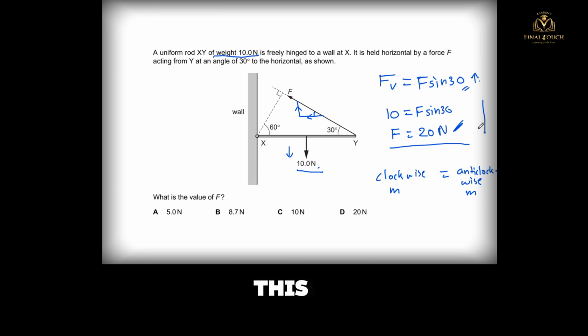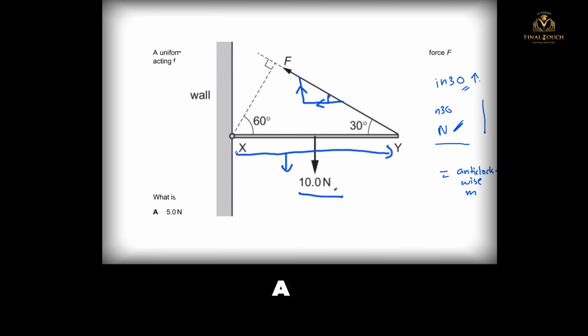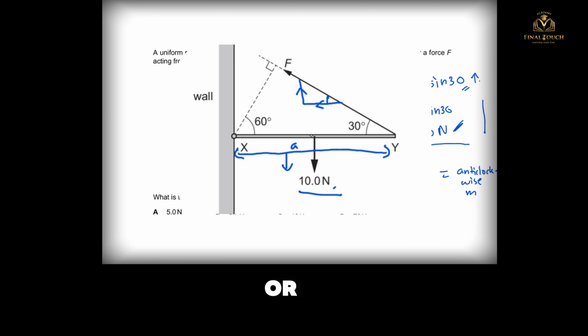Solve it like this. Let's assume the distance from X to Y is A meters. If the distance from X to Y is A, we can definitely take the distance from X to this middle part as A divided by 2.